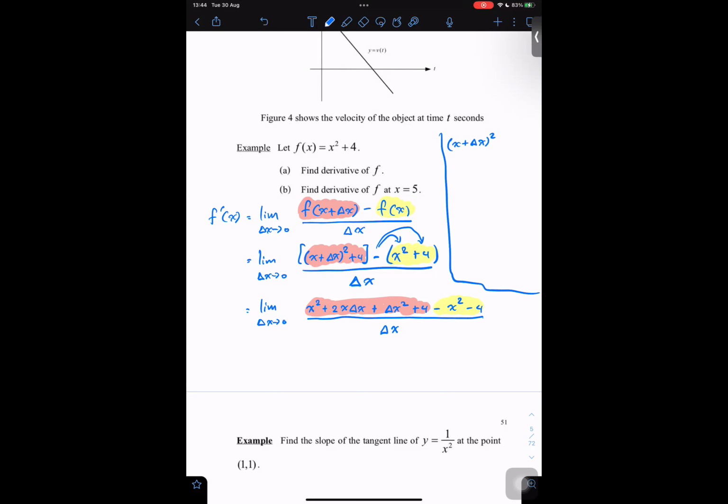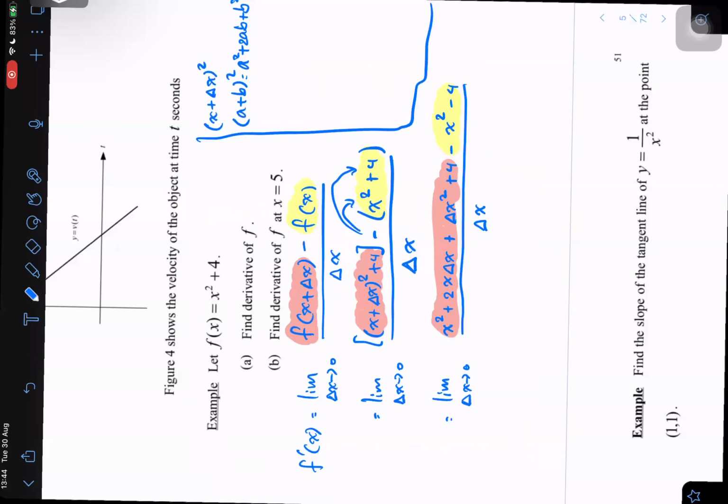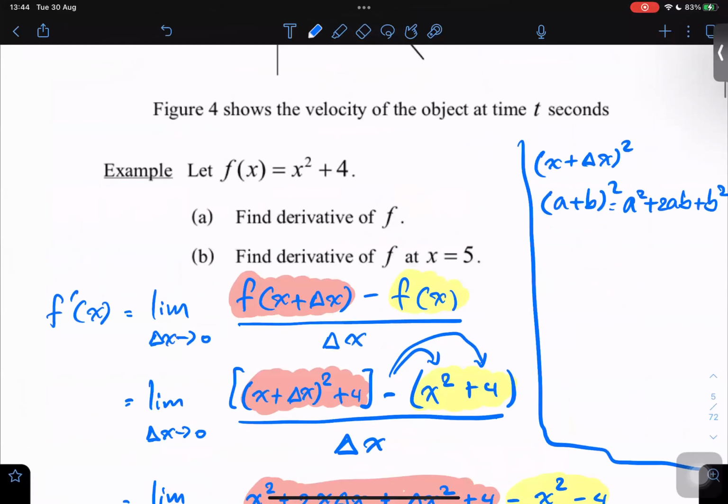You can use this formula, a plus b whole squared, which is equal to a squared plus 2ab plus b squared. Okay, A is horizontal, so this one is easier.